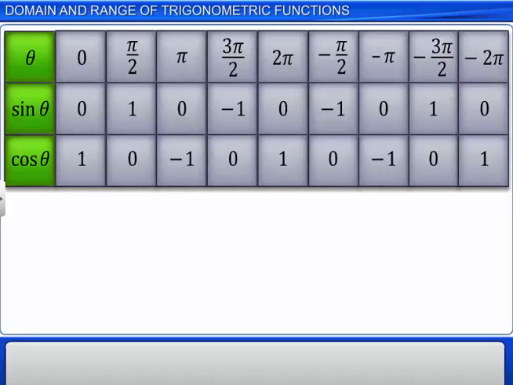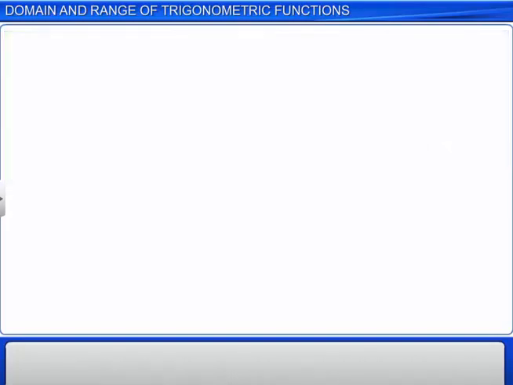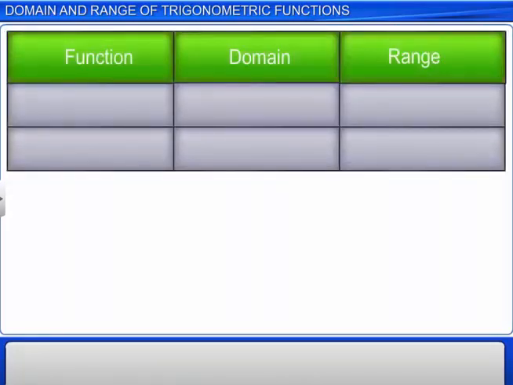This implies that the values of sin theta and cos theta lie between minus 1 and 1 for all theta belonging to R. In other words, the domain of sin theta and cos theta is the set of real numbers, and their range is the closed interval minus 1 to 1.